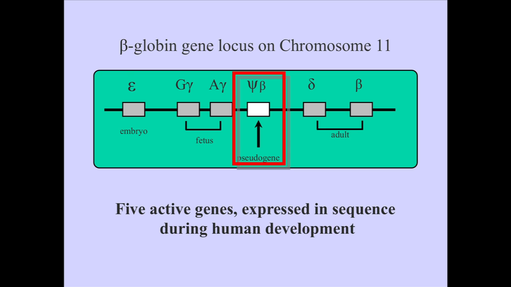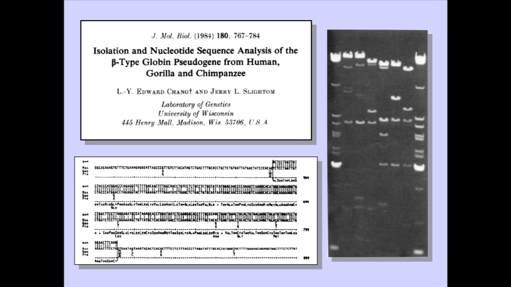I'll get back to this in a minute. And then there are these two genes shown to the right here that are on in an adult. So actually you do have 6 copies of this gene, but one of them just isn't functioning, and we call that a pseudogene. So you have 5 active genes expressed in the sequence in human development and this one pseudogene.